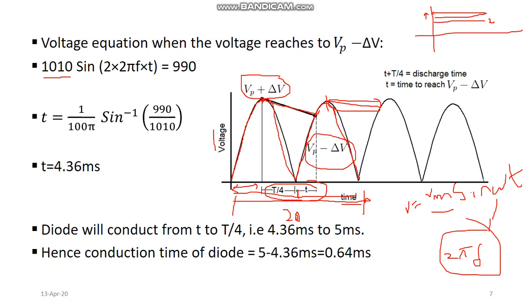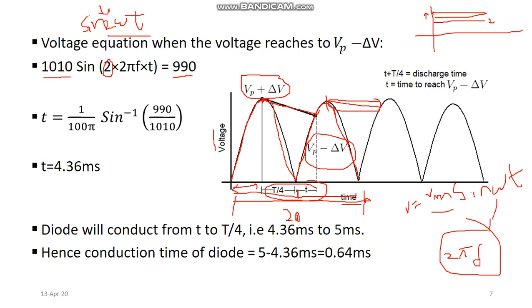But if you see here, I have added an additional 2 as well. This is because the output frequency is now 2 times. So instead of omega I will use 2 omega, that is sine of 2 omega t. This 2 comes due to the fact that our output frequency is now twice the input frequency, and this is equal to 990.